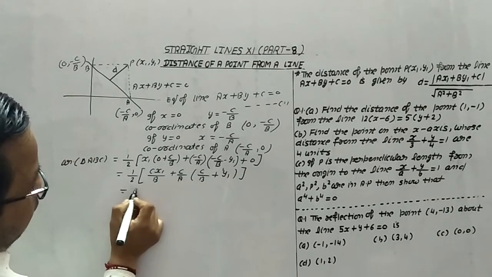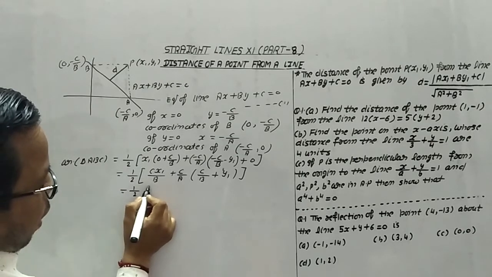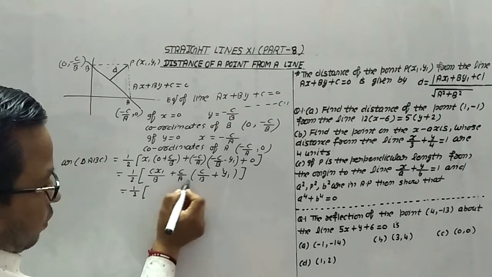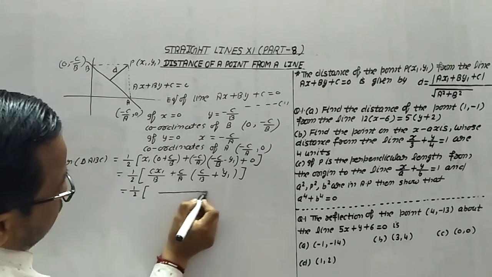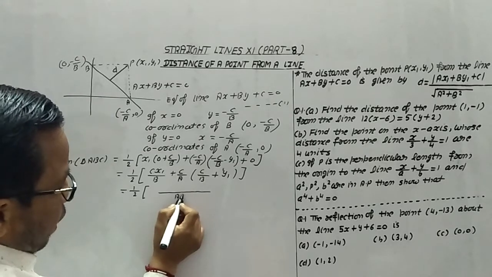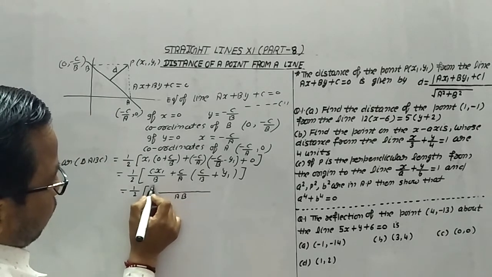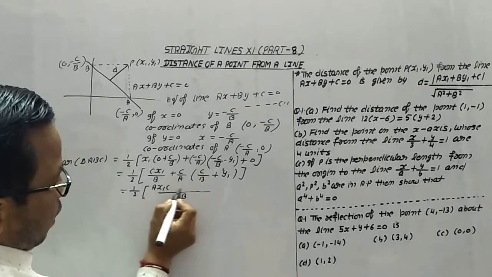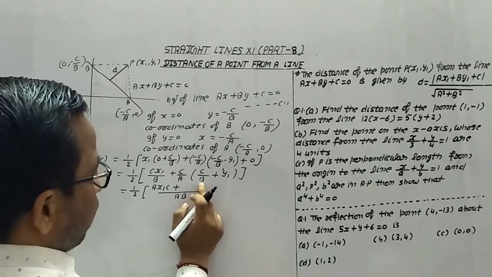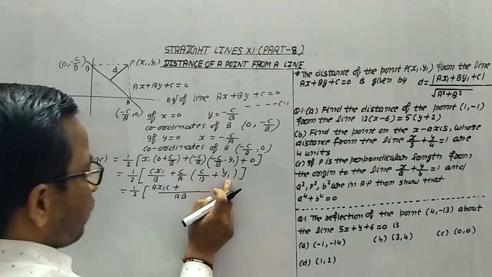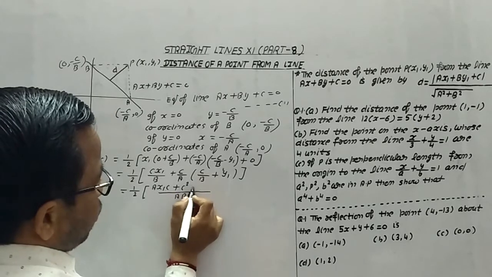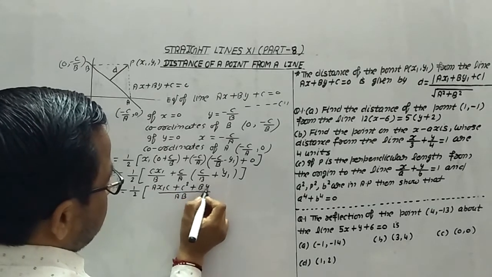Now after taking the LCM, what is this? Half, take the LCM, the LCM will be ab. So what does this become? ax1c, and plus, here we take the LCM, so b will shift this side, it means c square plus by1.